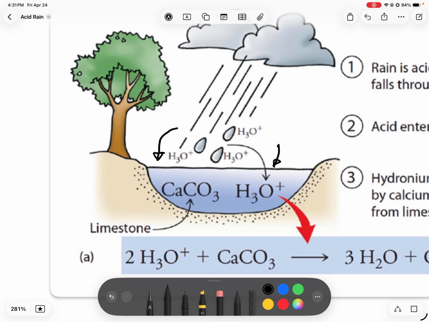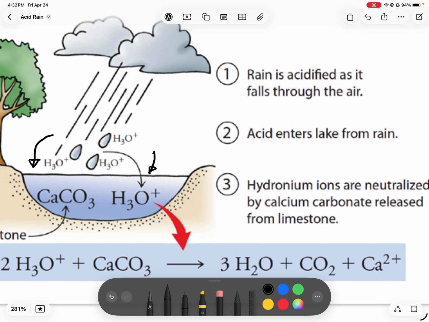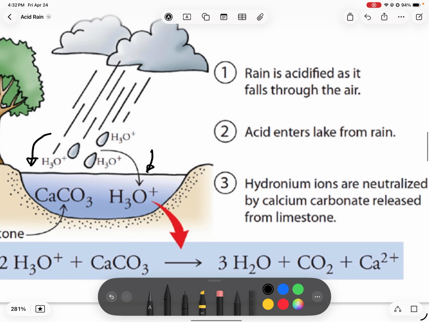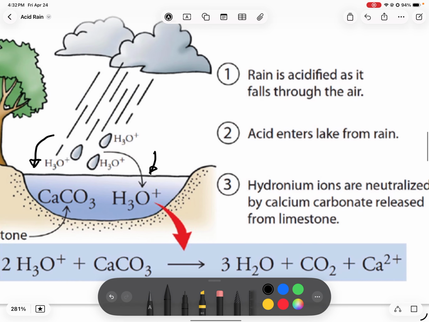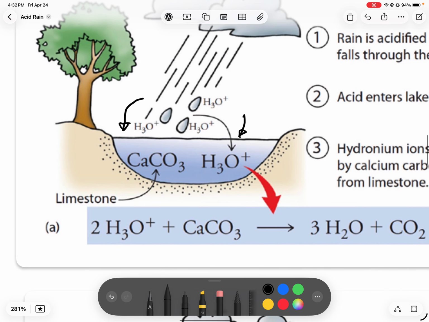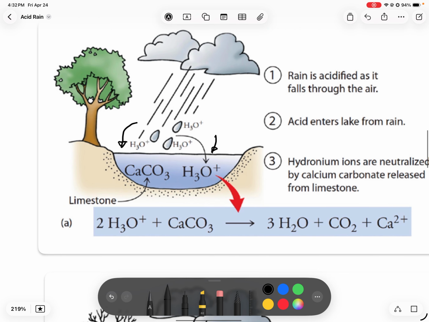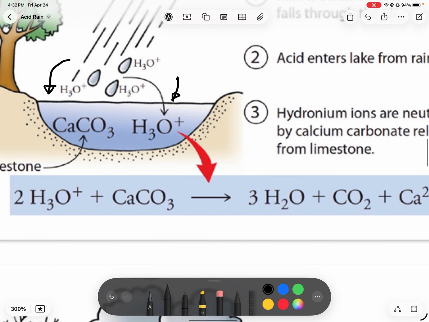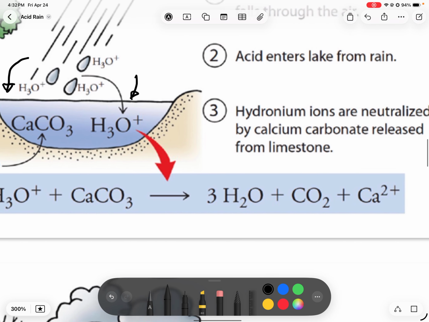And this special compound is able to actually neutralize the effects of acid rain because this is a base, so it cancels out the effects of the acid rain. And because this is so present in lakes, the effects of acid rain really aren't that pronounced in bodies of water like this. And here is a complex chemical formula showing the complete process.